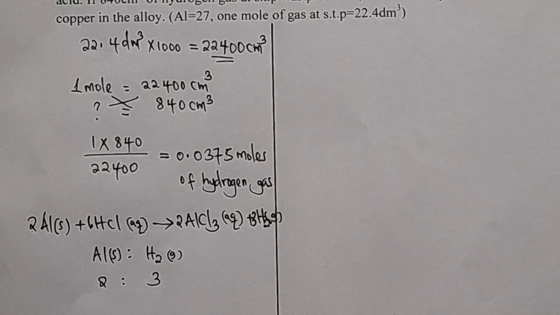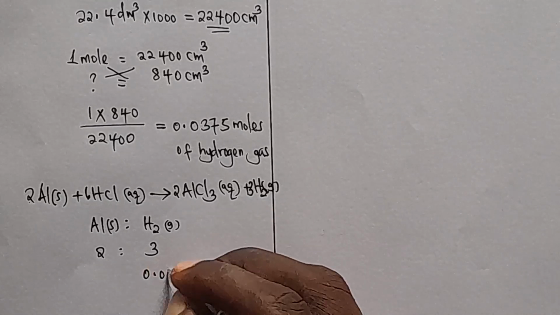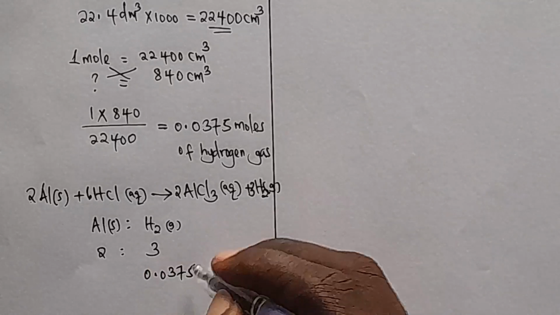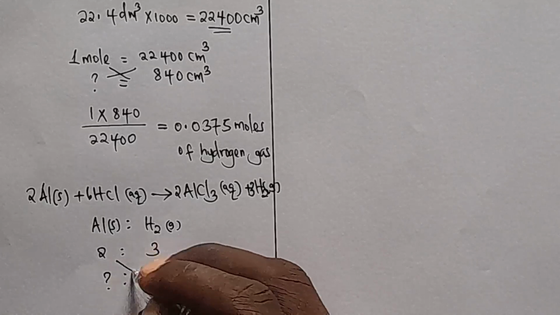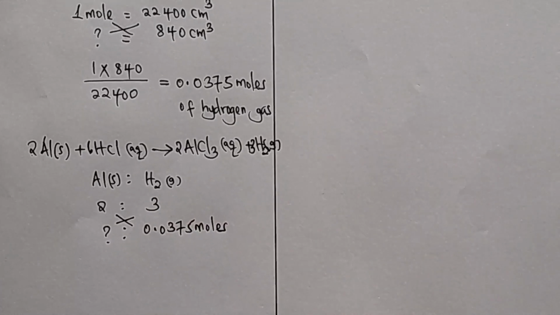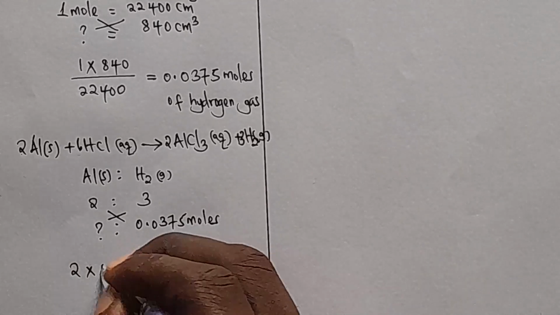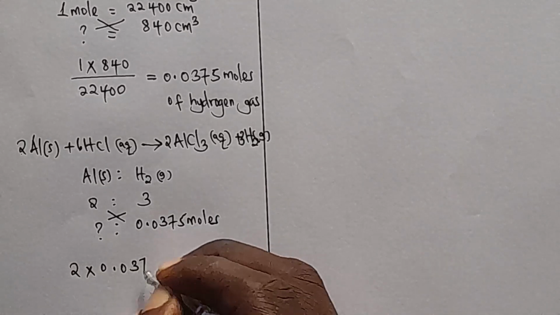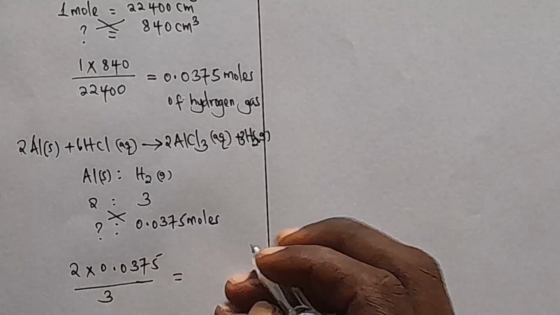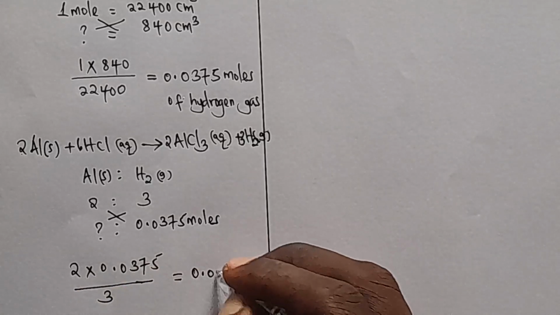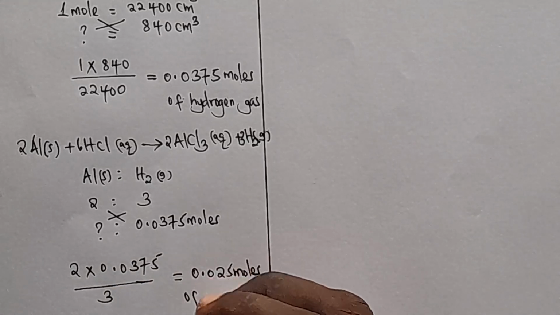So we have gotten the number of moles of hydrogen gas as 0.0375 moles. So what about the moles of aluminum? So we are going to say 2 times 0.0375 divided by 3. So here we are going to get 0.025 moles of aluminum.